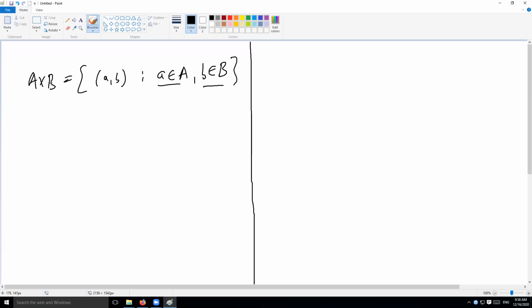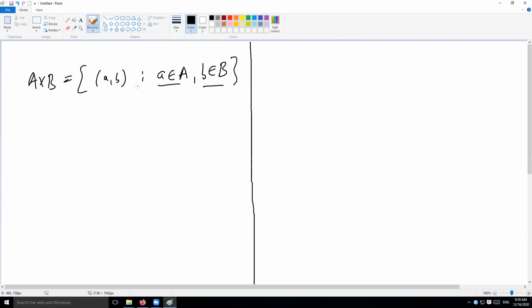You will have some more about this cross product in your next class when we talk about relations, and you're going to see that the cross product has a beautiful practical interpretation: the cross product of two sets basically represents a relation. We will see those relations as well, but not now. I'm just interested in proving some identities about the cross products.